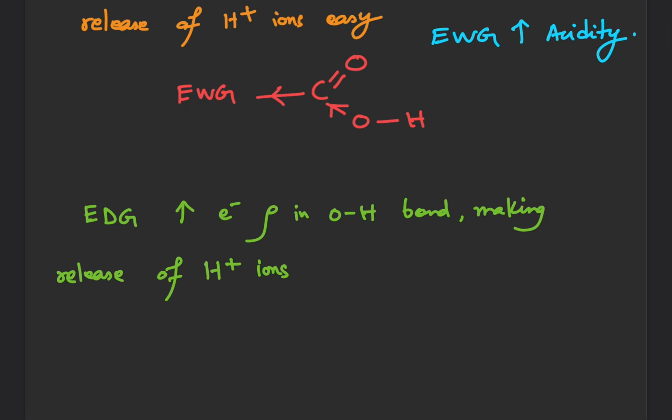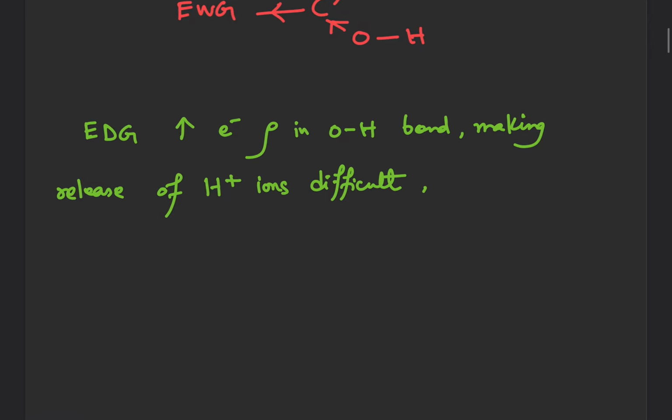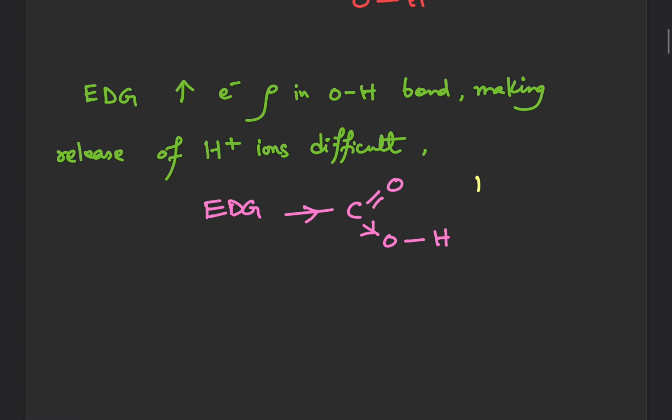That is, with respect to the diagram, if you have an EDG attached to the C double bond O, OH group, the electron donating group will donate electrons. So I'm showing it by using arrows. So therefore, electrons have been donated to this oxygen. So this oxygen doesn't feel the requirement to pull these electrons towards itself. So therefore, it is tough to break this bond and separate H plus. So therefore, in a nutshell, electron donating groups decrease acidity.